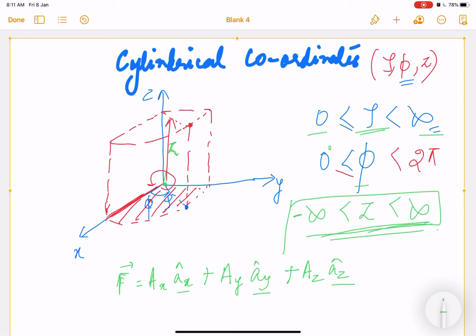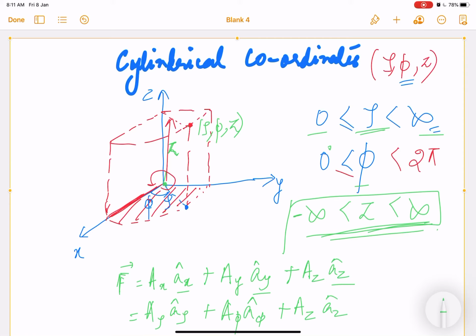But in this case, how will I define my vector? This point is rho, phi, z. So it will be defined as a rho cap plus a phi cap plus az cap.